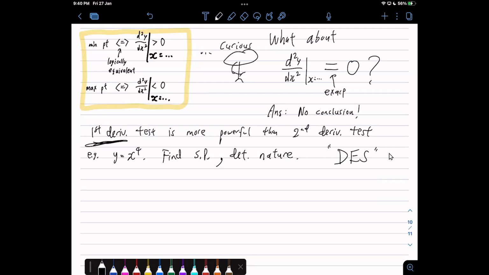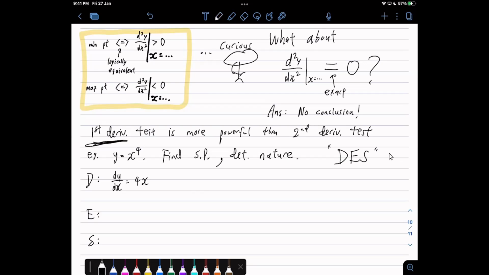Okay, so what's the first step? D. Differentiate, set equal to 0, solve for x. Help me to answer. This is the equation I'm talking about.